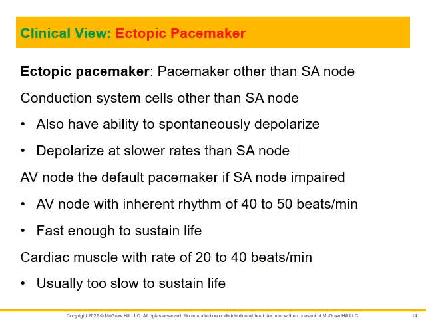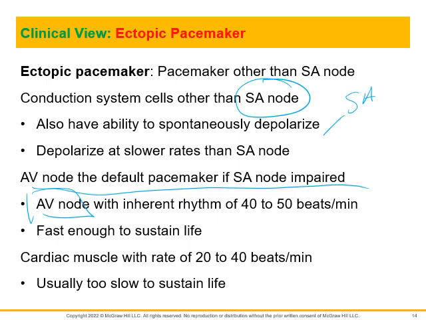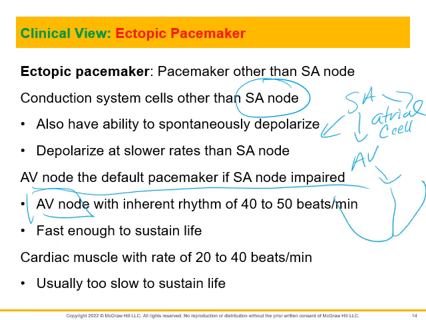If something's wrong with your SA node, your AV node can be the default. So remember, the SA node talks to the atrial cardiac cells, and then the AV node fires down the bundle, wraps around the ventricles. They're saying this AV node can take over, can be the default pacemaker if something happens to the SA node.